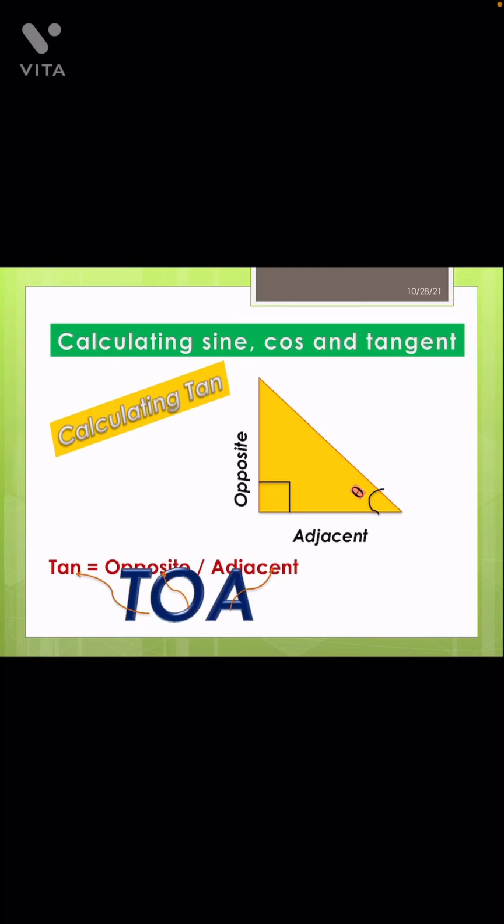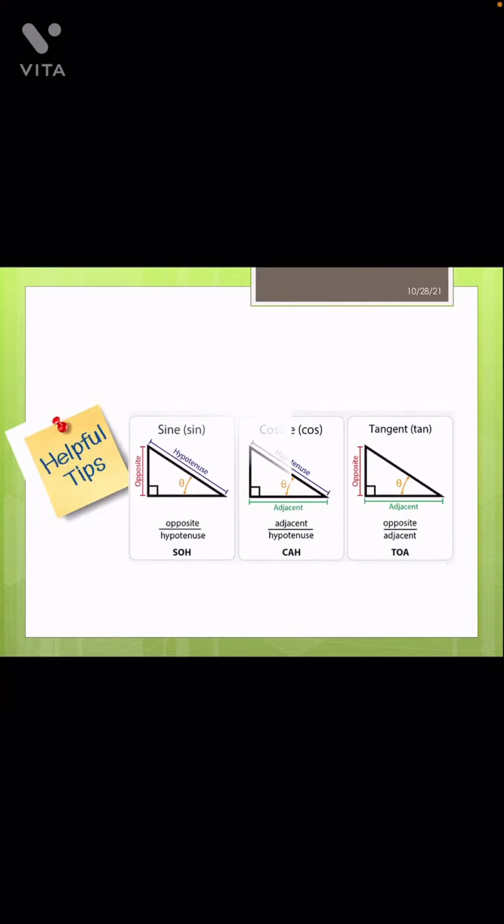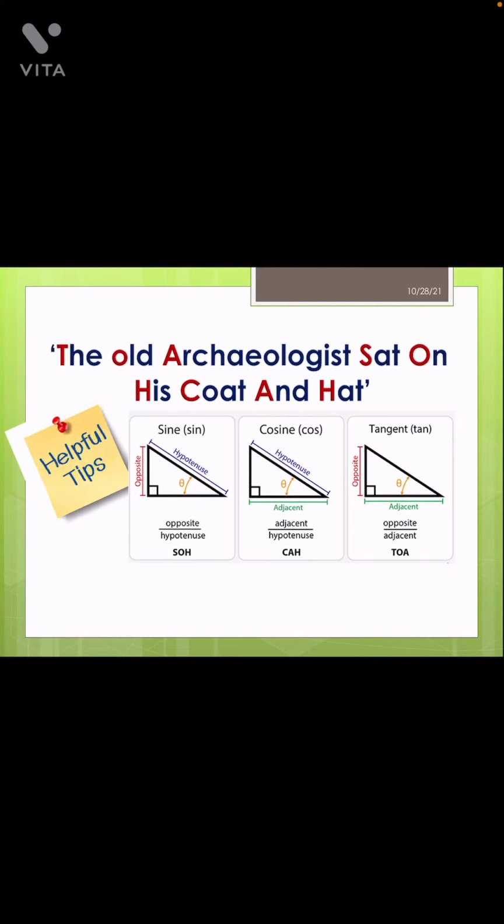You may find it helpful to remember the trigonometric ratios as SOH CAH TOA by learning a funny mnemonic: The old archaeologists sat on his cot and hat. SOH CAH TOA.